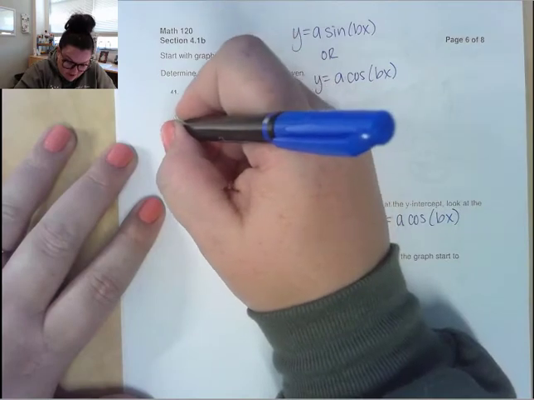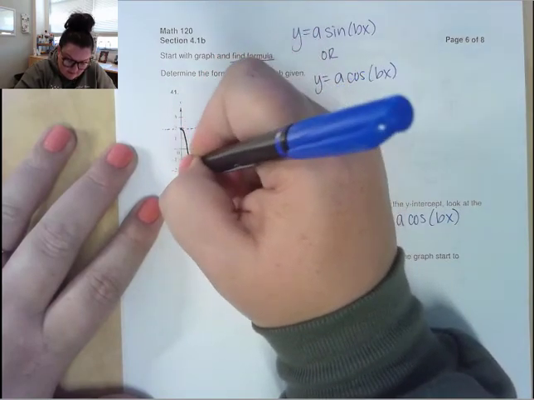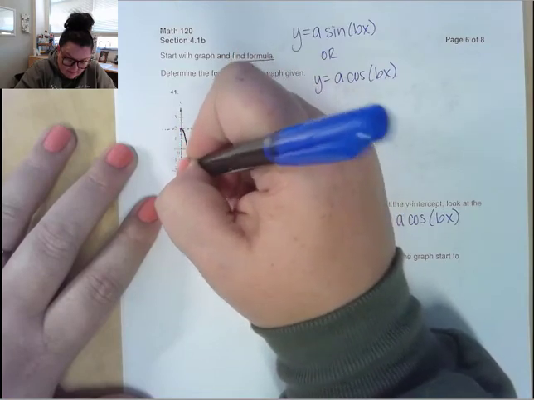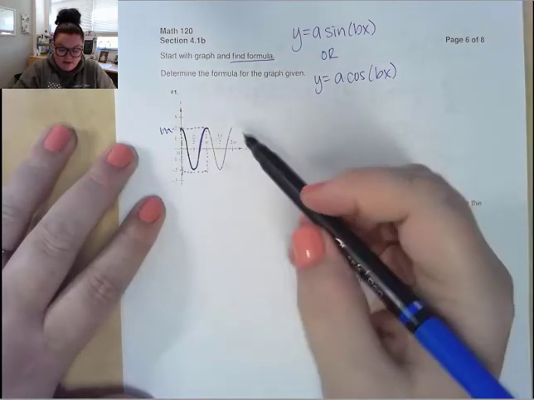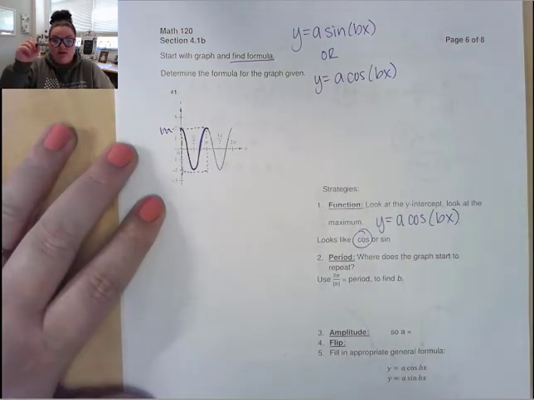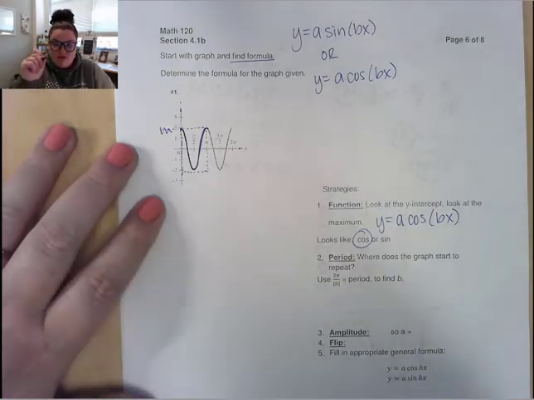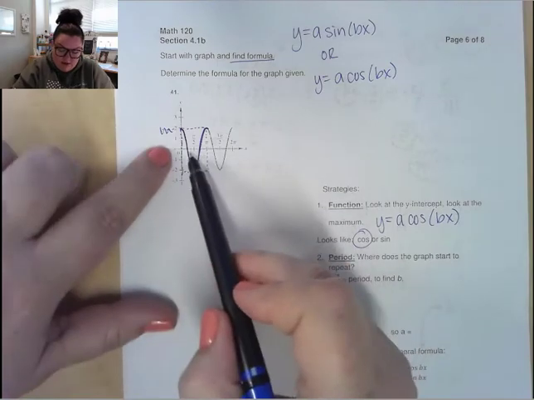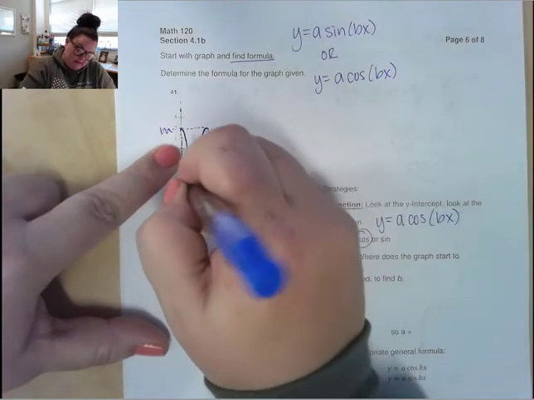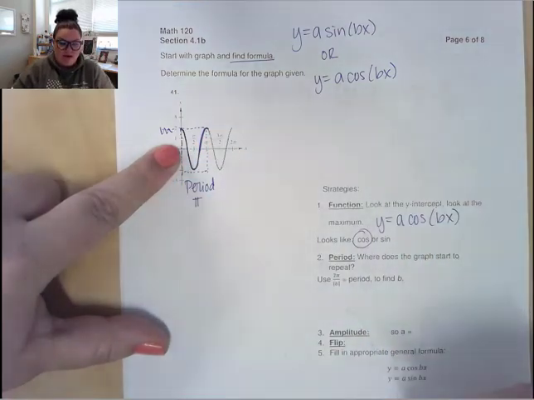So if I look at just this piece right here, this is one cosine cycle, right? So the period length that it took to do that one cycle was from 0 over to pi. So that means my period length should be pi.